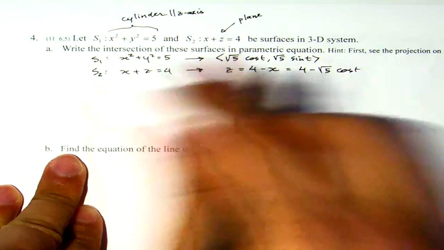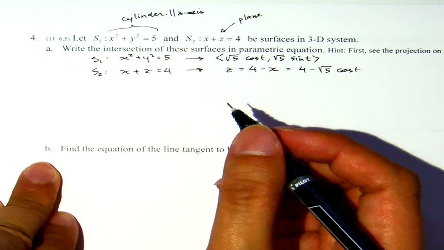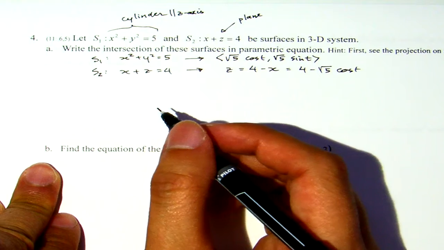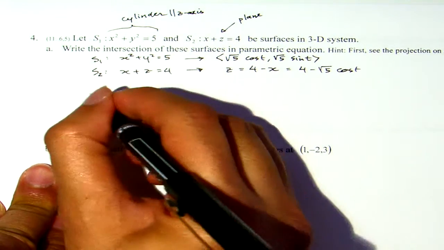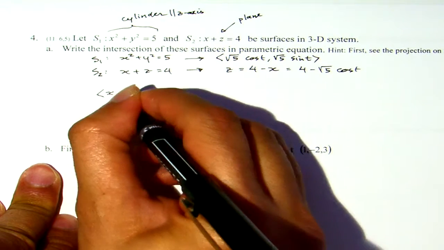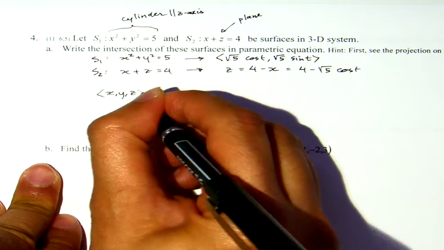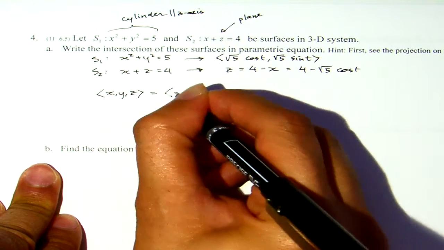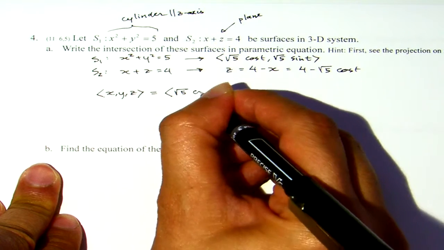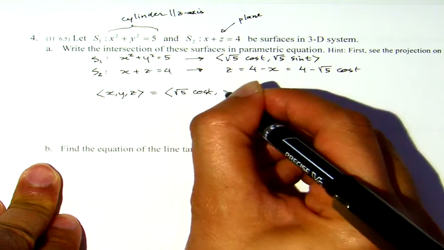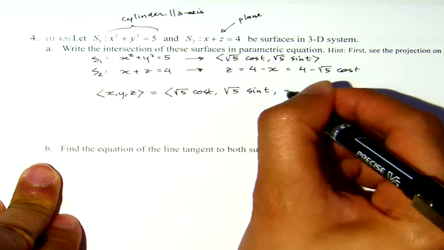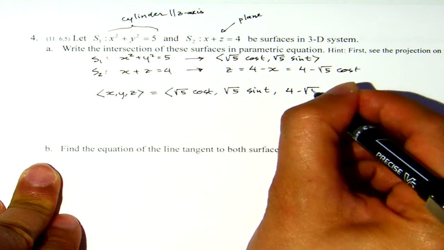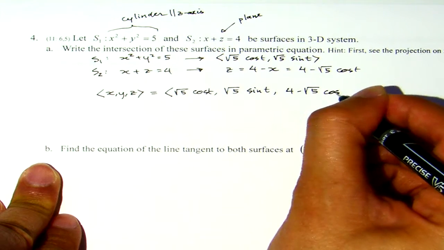In other words, the intersection of these two surfaces in parametric equation will be a path that is given by this. And the z will be 4 minus square root of 5 cosine t.